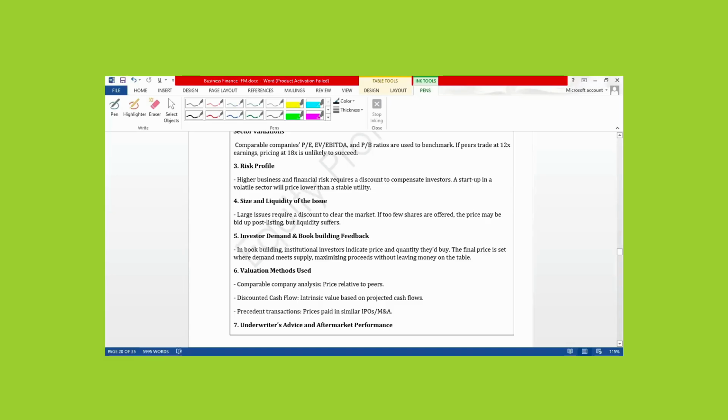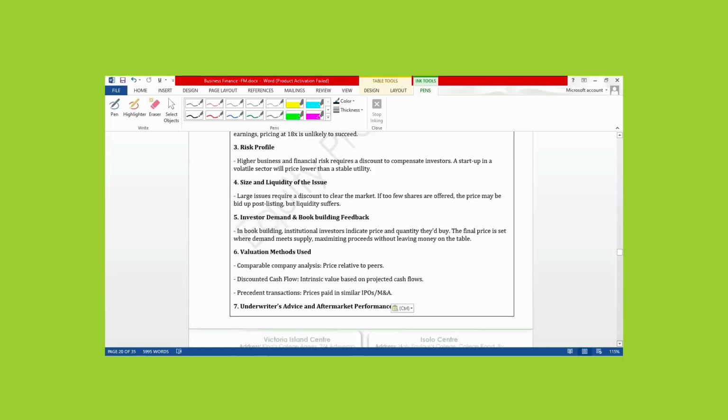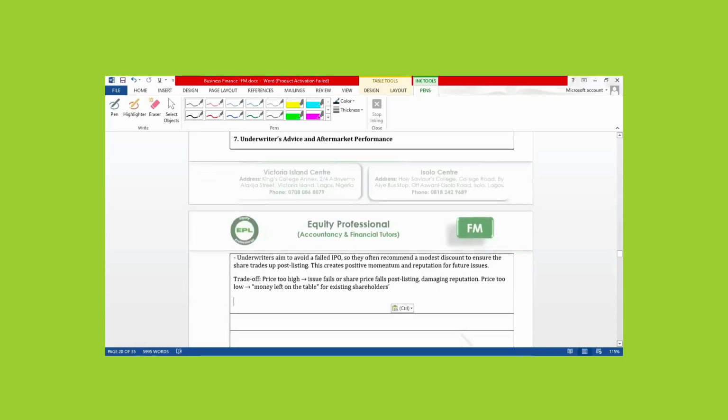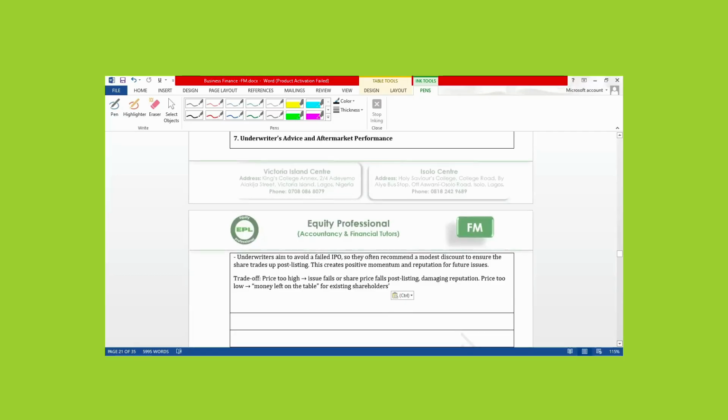Mr. John will teach you some of these things when you get to valuation of company, equity valuation. And you can have underwriter advice. The underwriters can give you advice.